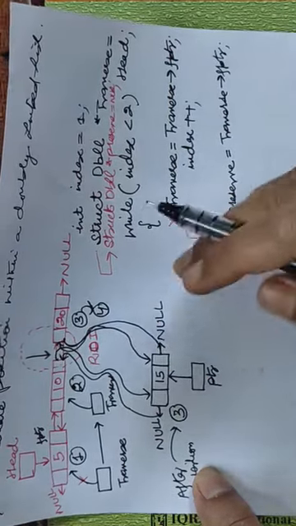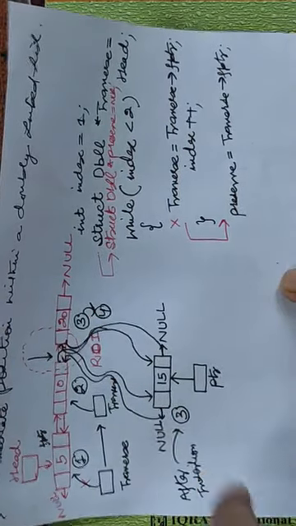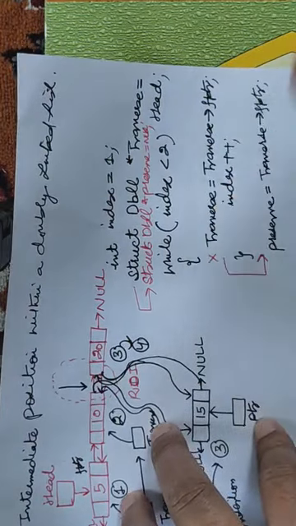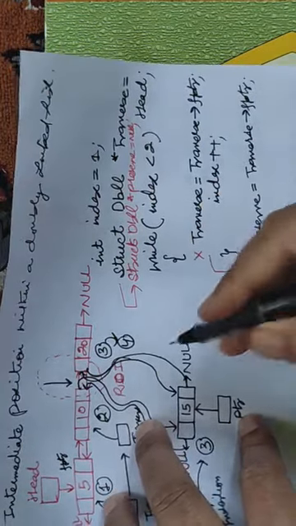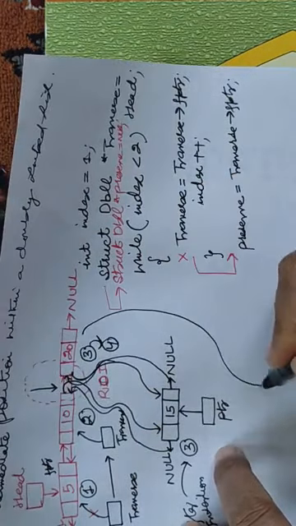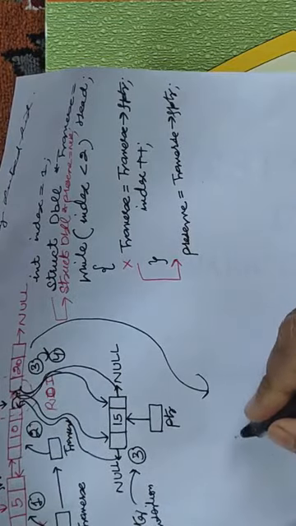Now preserve points to this node number 3, earlier node number 3. That means I'll draw these two nodes, node number 2 and node number 3, separately here so that it becomes very clear to you.